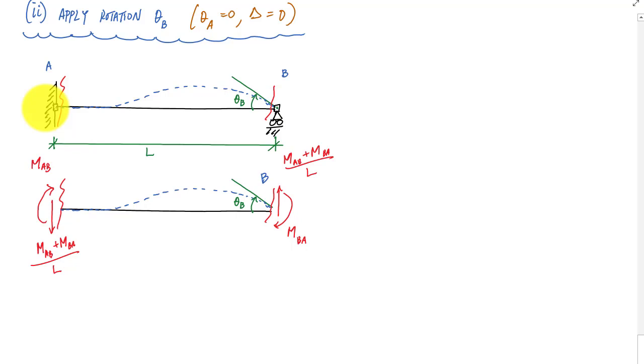And then I can use the boundary conditions at end B. I will be able to determine an equation for the end moments as they relate to the rotation theta B. My equations are very similar to before, but in this case, MBA will be 4EI theta B over L, and MAB will be 2EI over L times theta B.